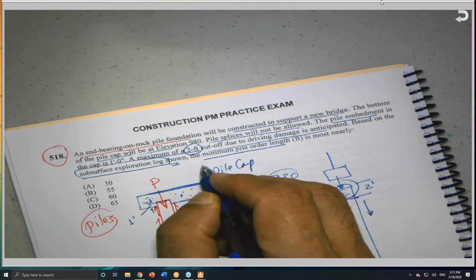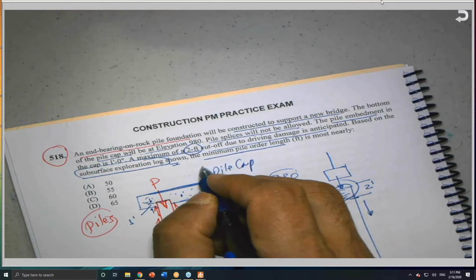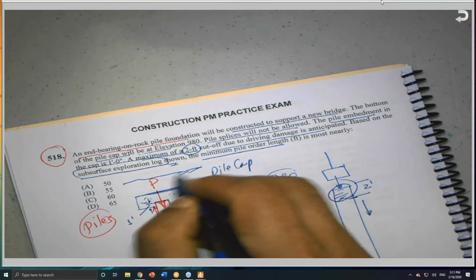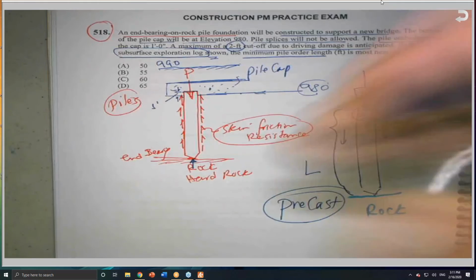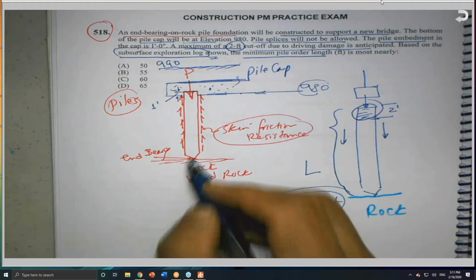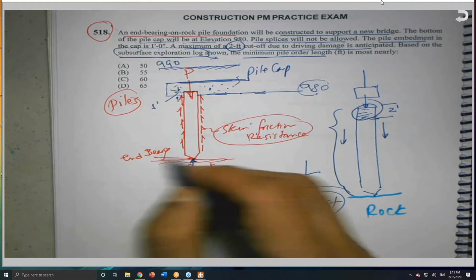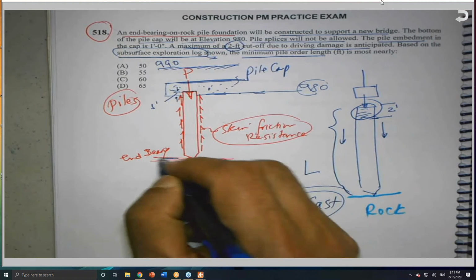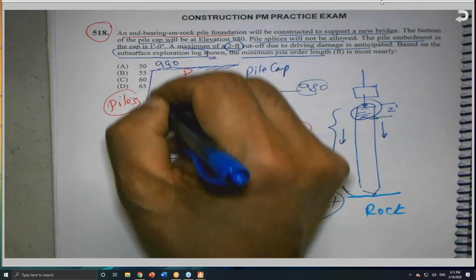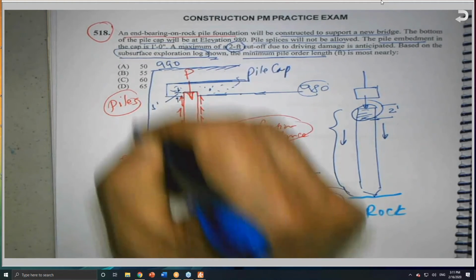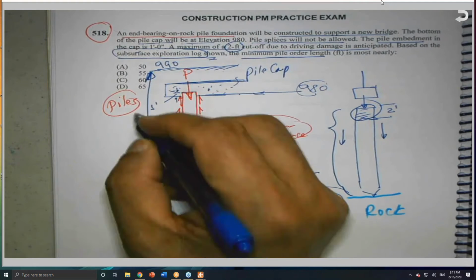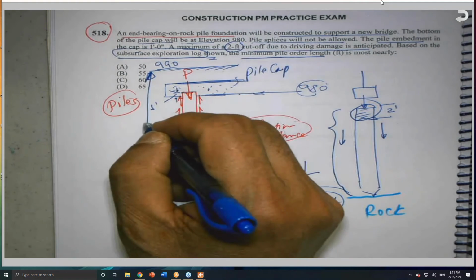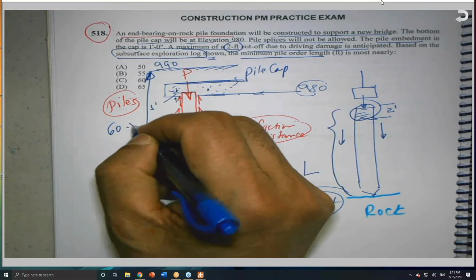Let's assume the original ground is somewhere here, at 990. And the depth to where we hit the rock layer is 60.5 feet.